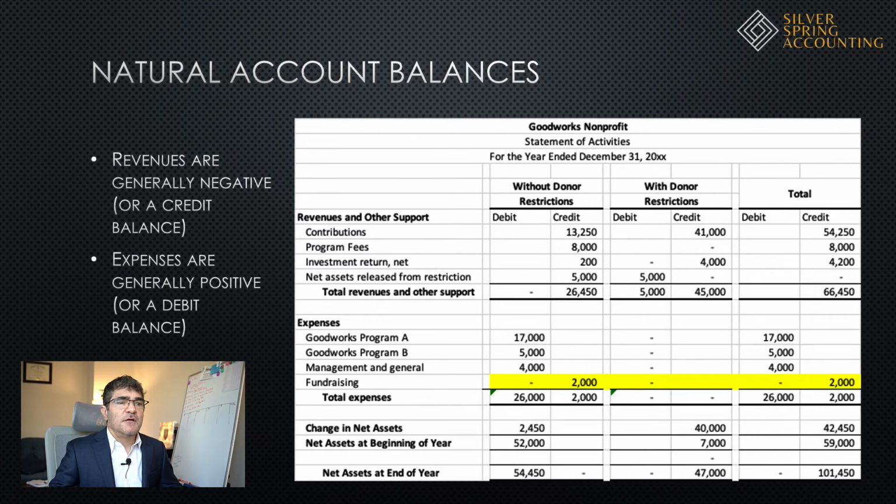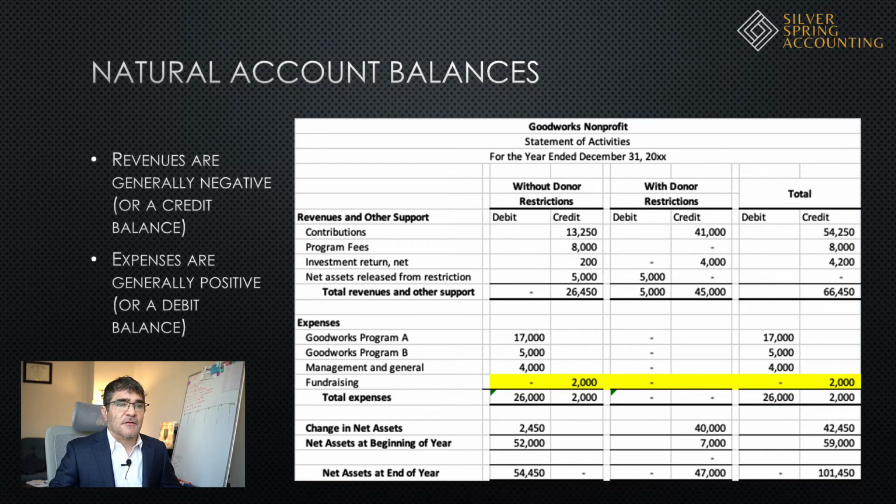Now then, what if we have something like this? Now, again, we're not going to see things in a double column in the financial statements. This is just for ease of explanation, and something that I recommend you again do if you are having a hard time recognizing natural account balances.